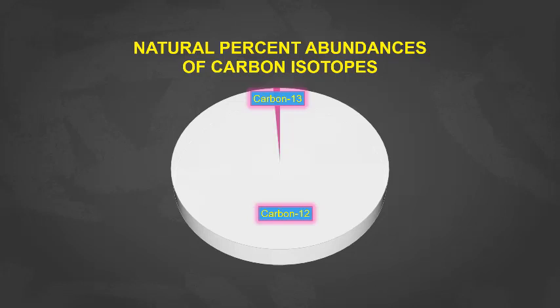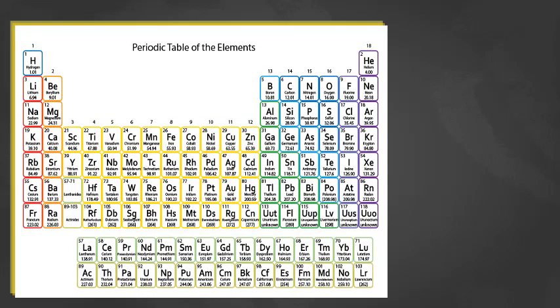Since the natural abundance of carbon-14 is so small, it can be ignored. Thus, the atomic mass of carbon that appears on the periodic table of elements is determined only by using carbon-12 and carbon-13 percentage abundances in the calculation.